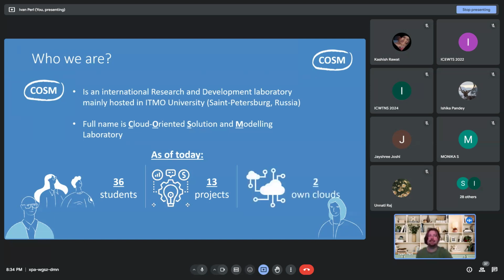Next, we have our own cloud environments, located in 2 different data centers. This means that for all the projects we are doing, we are not spending money on different cloud providers. We're not working with Amazon or anything else. We are developing everything on our own hardware. It's important that we do it this way because we're teaching students to work with everything like this.